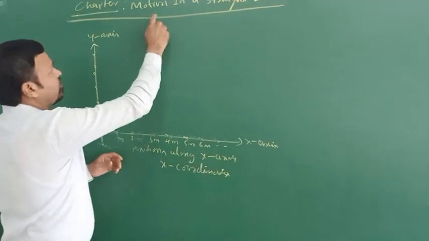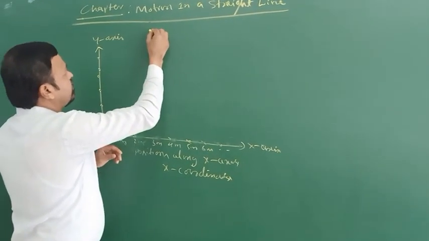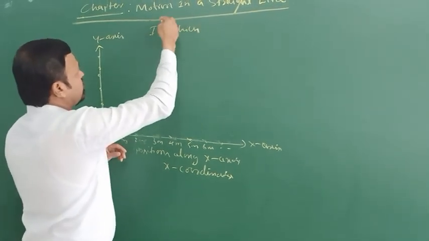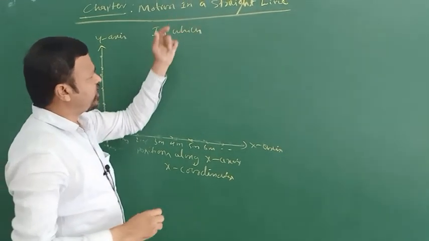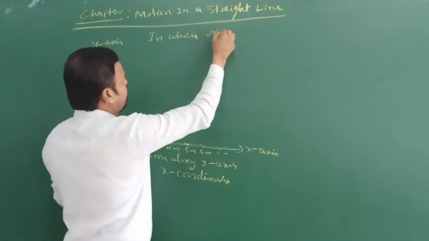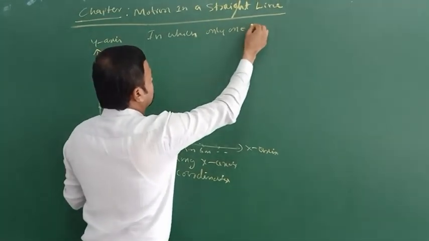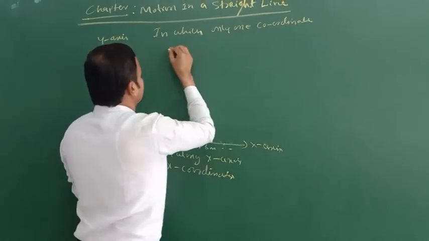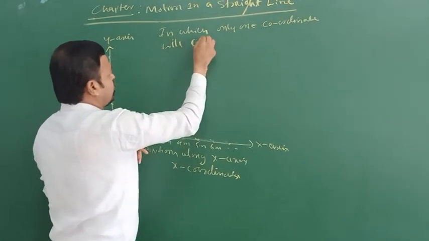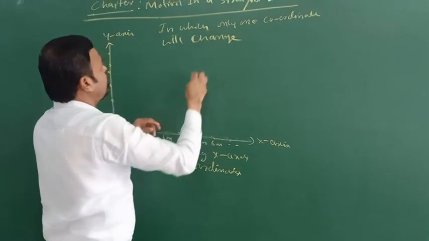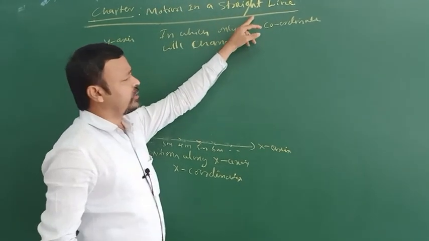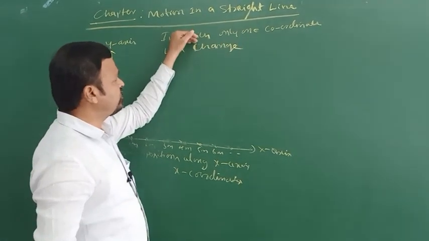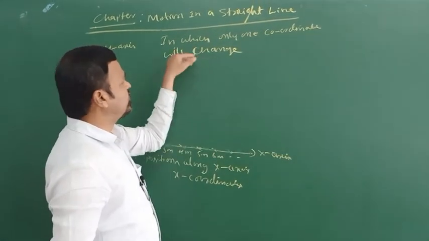It is one type of motion of an object in which only one coordinate will change. Remember, motion in a straight line is one type of motion of an object in which only one coordinate will change.